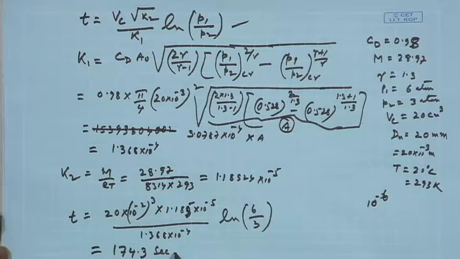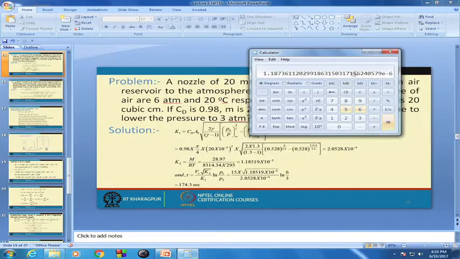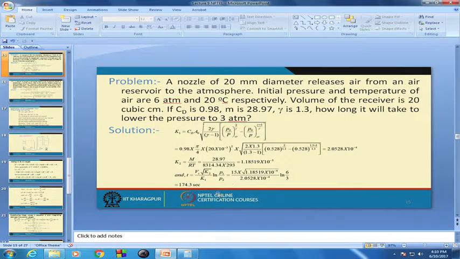So, here we see that the thing where we have done wrong is K1, which is given as Cd pi by 4 d square, into under root 2 gamma by gamma minus 1, p0 by p to the power 2 by gamma minus p0 by p to the power gamma plus 1 by gamma. So, this comes to 2.0528 into 10 to the minus 4. Please check whether it is correct or not, right?